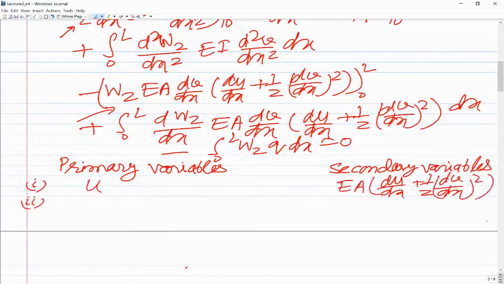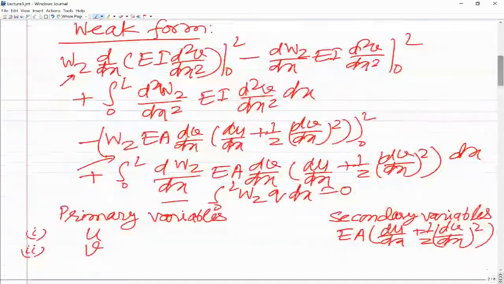Then we look at the second equation. There is a w2 in the boundary term, so in place of w2 we take v. That would be the primary variable, and the corresponding secondary variable is going to be a combination. We are taking this w2 common in these two boundary terms, so whatever we get will be the secondary variable.